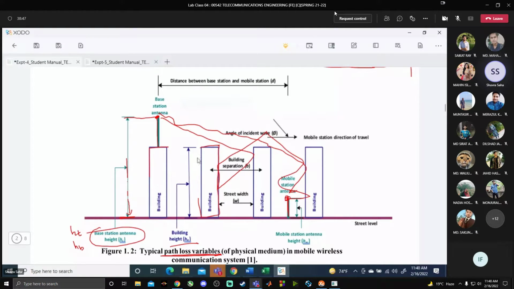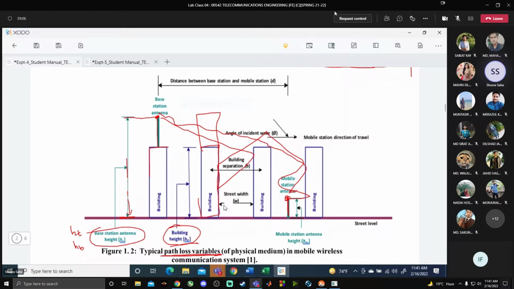Multiple paths can be taken, so there are different blocks. If I increase the height of this building, the signal received here will be very less. Maybe it will totally block it. So the building height also is a path loss variable.